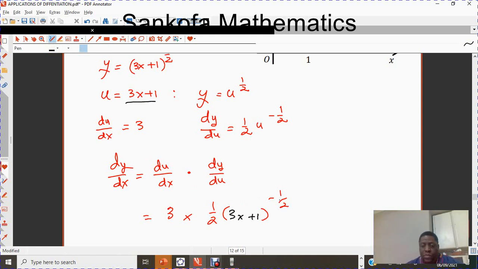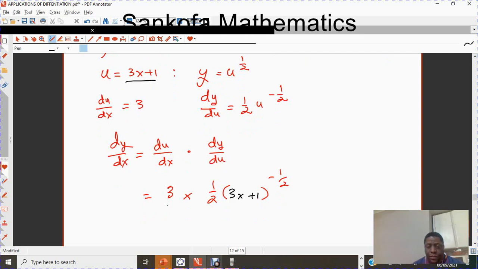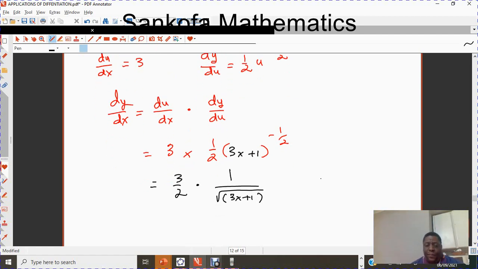I'm nearly done. I'm just going to clean this up a little bit. This is becoming 3 over 2, times 1 over the root of 3x plus 1. So to clean that up, I finally have 3 over 2 root 3x plus 1.